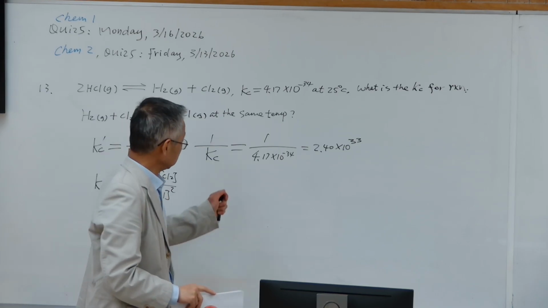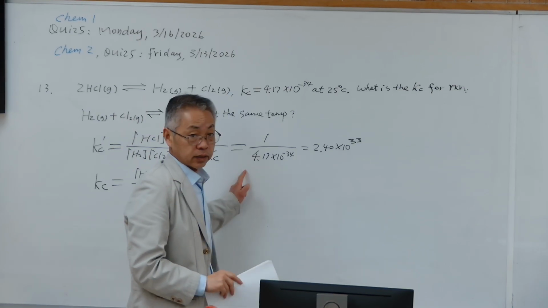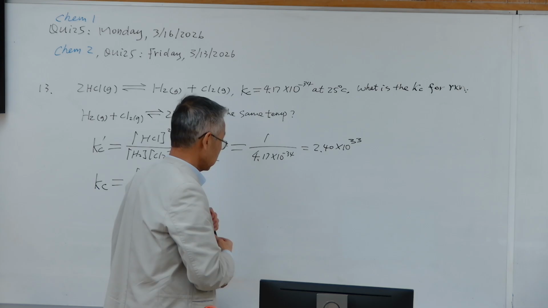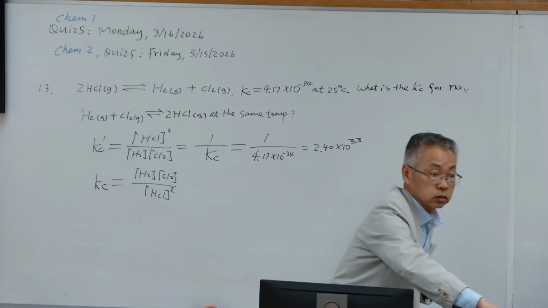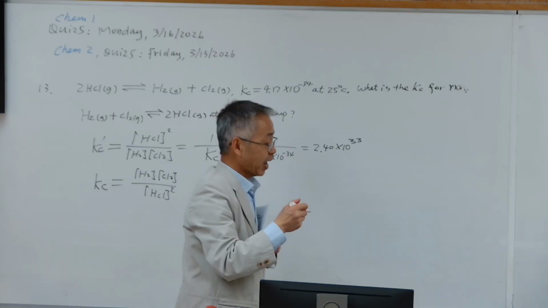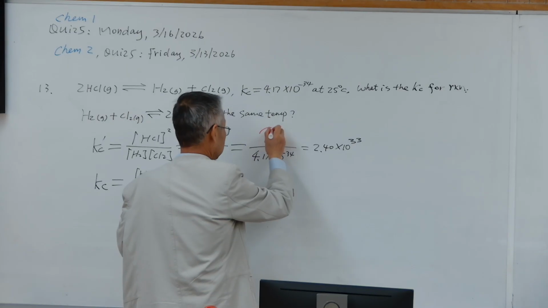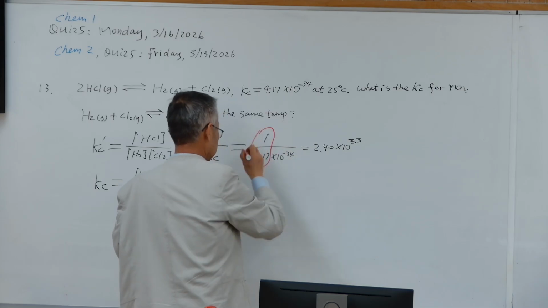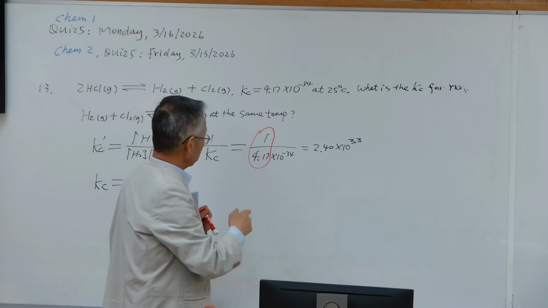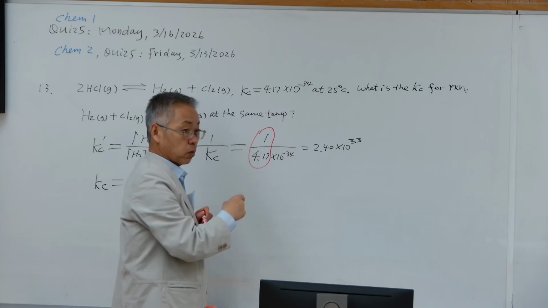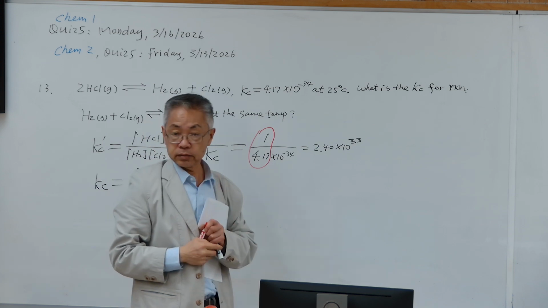Mathematically, how do you do this in your calculator? I will say, don't put the exponent in the calculator. You only need this: 1 divided by 4.17 in your calculator.